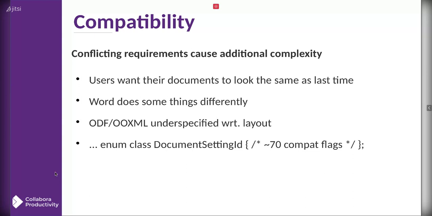And these setting flags are actually stored in the ODT documents in the settings.xml. So that way we can maintain layout: if you have created a document in a 15-year-old buggy version of OpenOffice.org, we can display it exactly as that old version did.